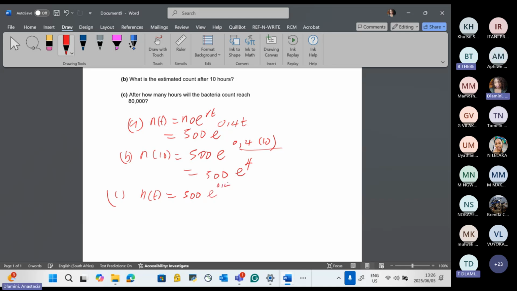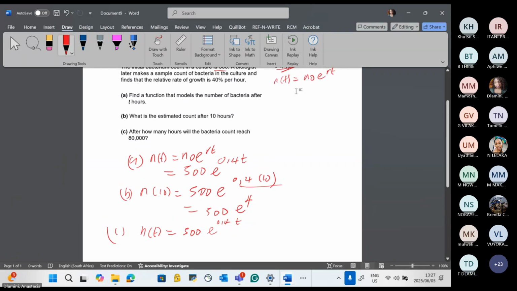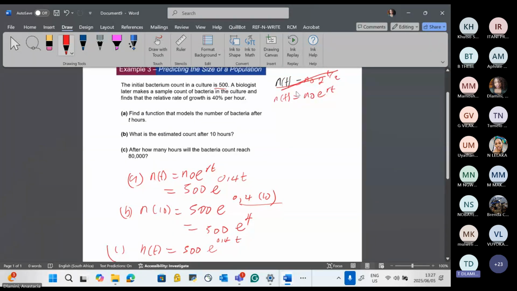Remember, they said this bacteria increases by 40% per hour. So the 40% we converted to a rate, which is 0.4, 40 divided by 100. Then our answer is actually 4. I didn't see the 0.4. I thought it was 4 times 10. Sorry.